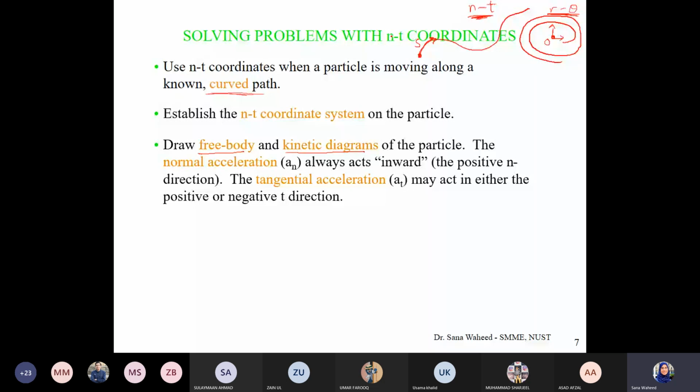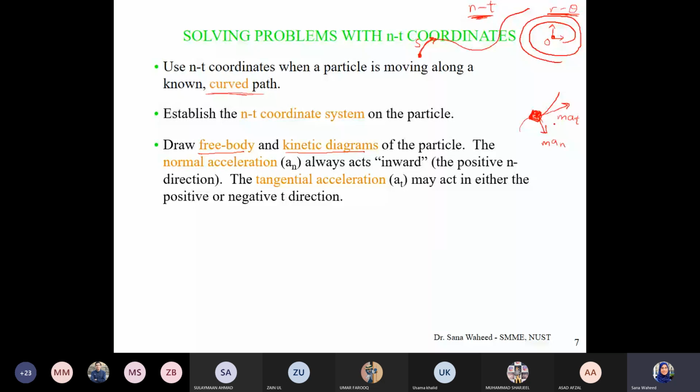Now, the interesting thing to note for the NT coordinates is that in the kinetic diagram it's useful for us not to plot the resultant acceleration. Let's say this was my particle and it has some path. What's actually useful for me is not to represent the whole acceleration by a single resultant, but instead in the kinetic diagram to plot MAT, and with the center of curvature, MAN.